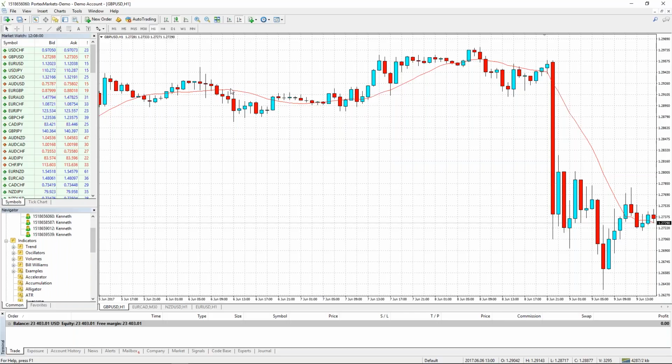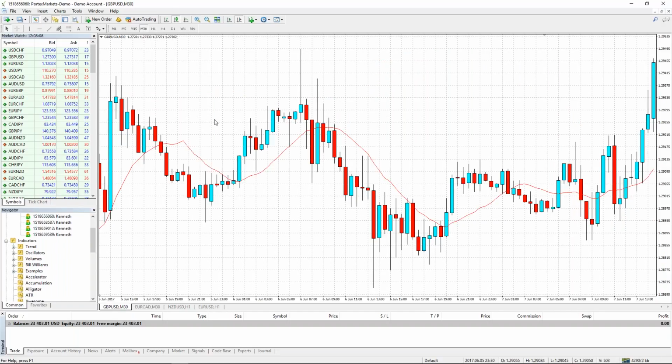This is actually looking at pound dollar, so it's looking at cable, and it's on a 1 hour chart at the moment. I tend to work off a 30-minute chart. Some people work off tighter time frames than that, but 30 minutes I think will do for us today for some examples.